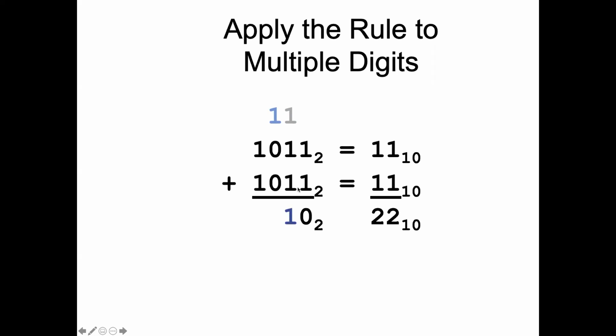Said again, this 1 plus 1 plus 1 adds up to 3. We can't write down a 3 here because that's bigger than our base, so we'll take 2 and carry that over into the next position, leaving 1 for the 2's place in binary.